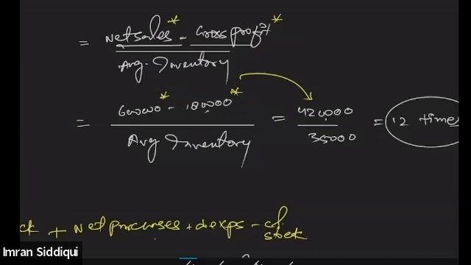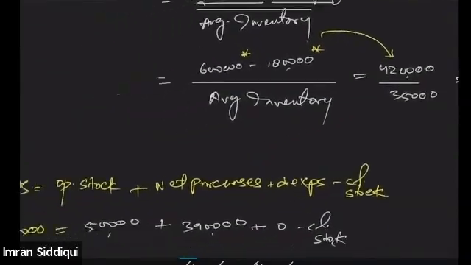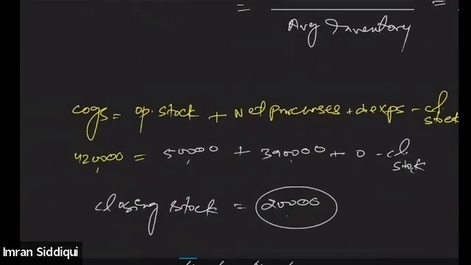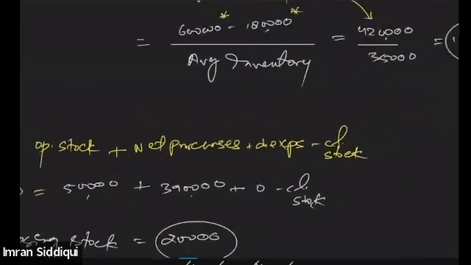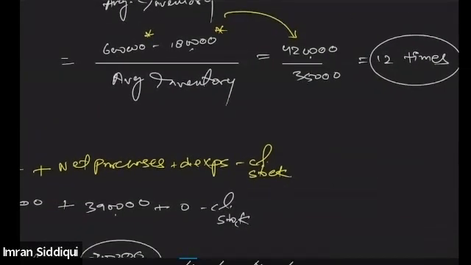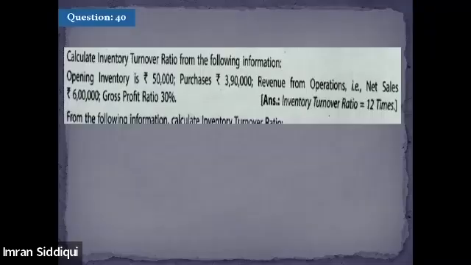Because the average inventory is not given in the question, to find it out we have to add opening stock plus closing stock. Opening stock is given in the question, but closing stock is not there.